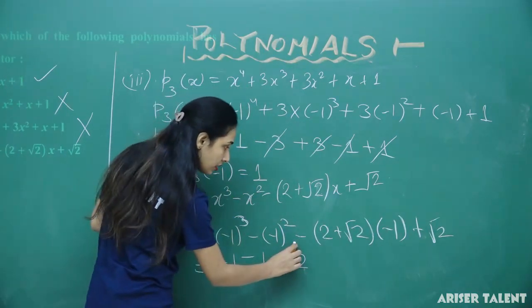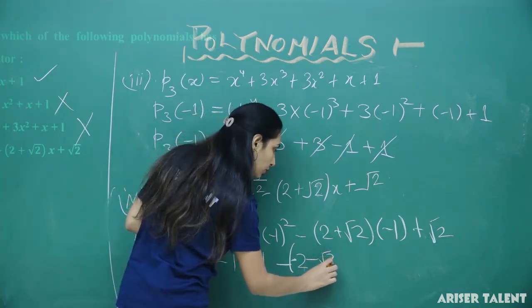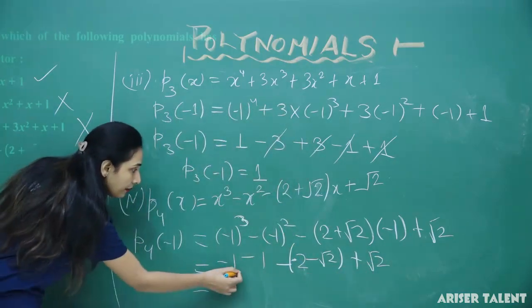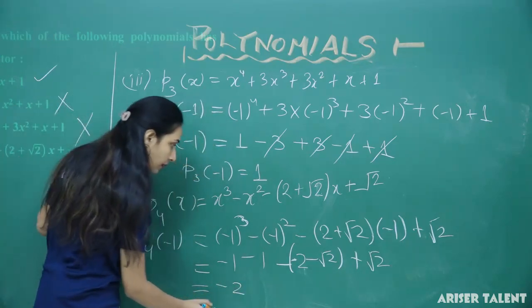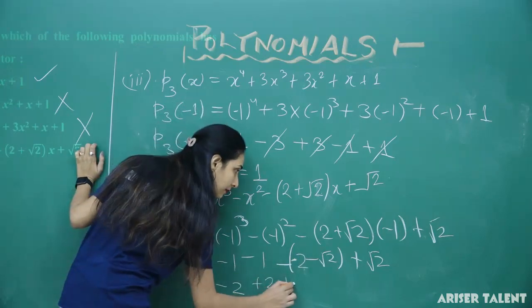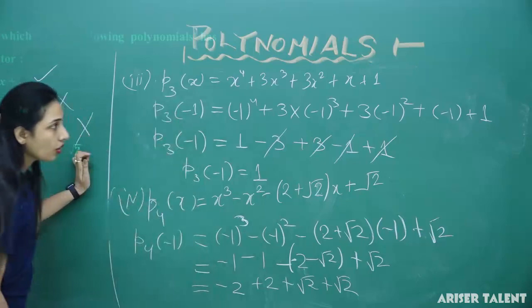So that is minus of 2 minus of root 2 plus of root 2, that is here minus and minus, right. So that will be minus 2, minus minus is plus 2, minus minus again plus root 2 and plus root 2, okay.